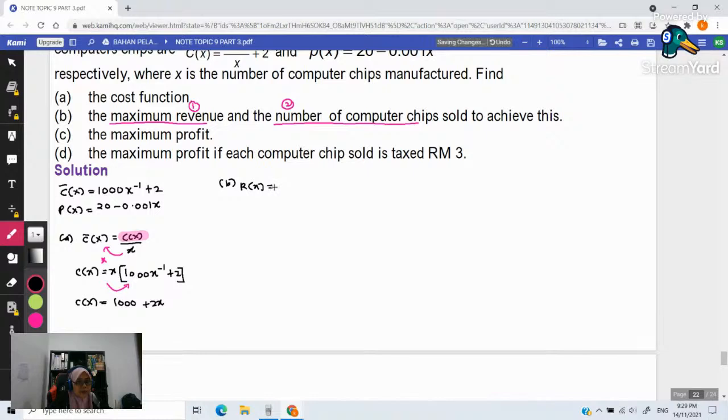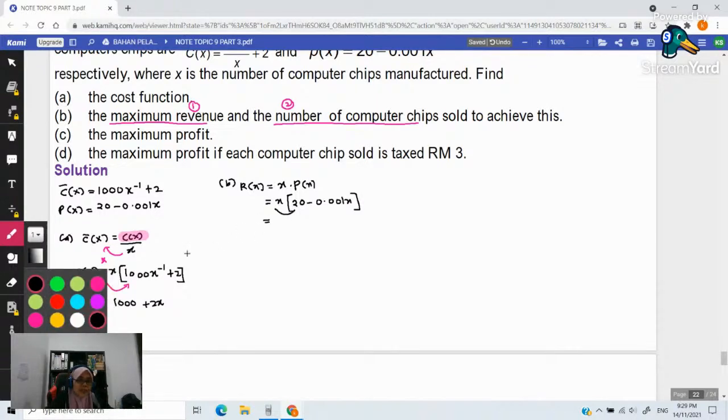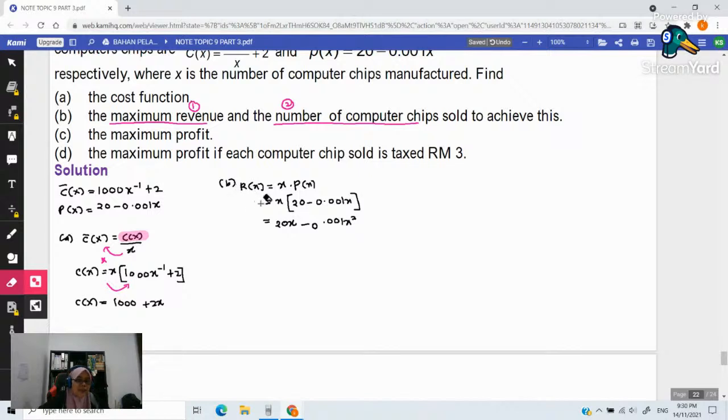What's the formula of the revenue function? Quantity multiplied with price. So the quantity is x, and the price is 20 minus 0.001x. Then we expand. x multiplied with 20 is 20x, and x multiplied with negative 0.001x is negative 0.001x squared. So this is your revenue function.